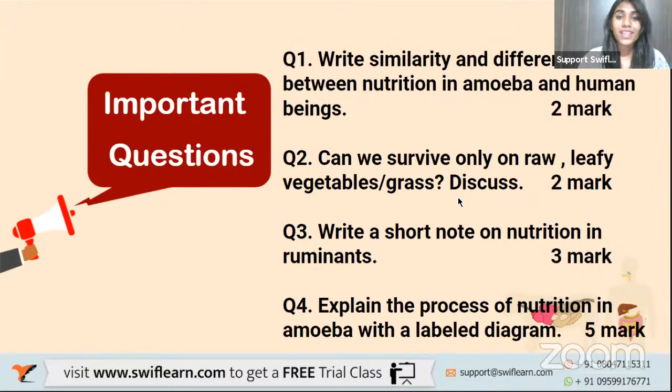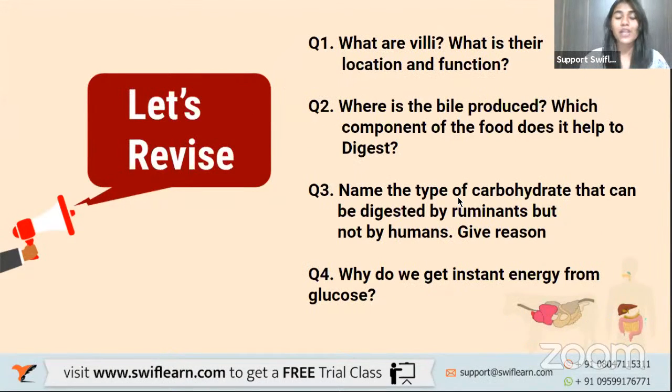Okay, coming to the next question, what are villi? What is their location and function? Where are villi present? Anybody? Villi are present in your small intestine and also your large intestine.